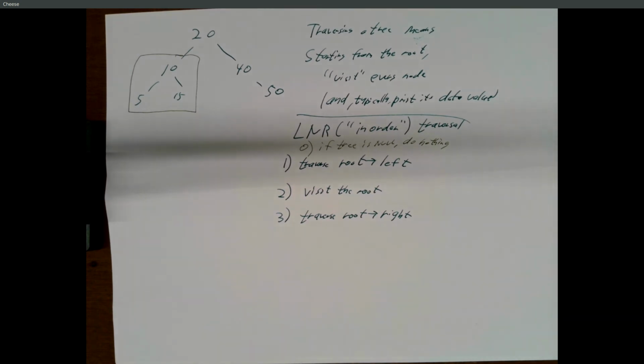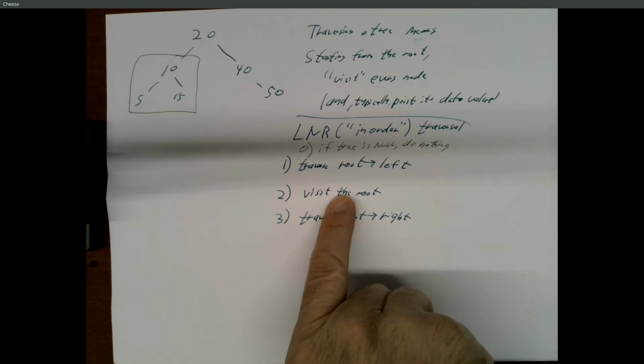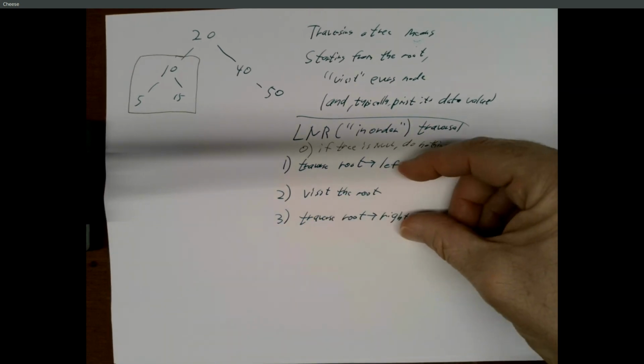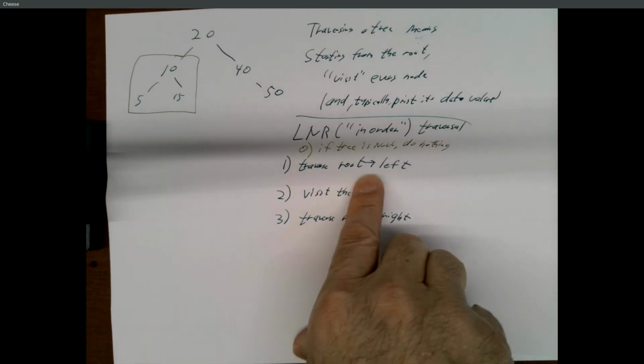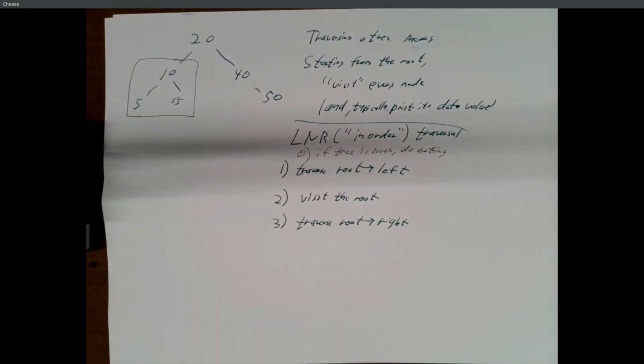And this is a massively recursive definition of how we traverse a tree, because other than visiting the root, the other steps are traverse a subtree. But anytime I take the left or right subtree of a root, that tree is going to be shorter. It's not going to have as many nodes in it, right?